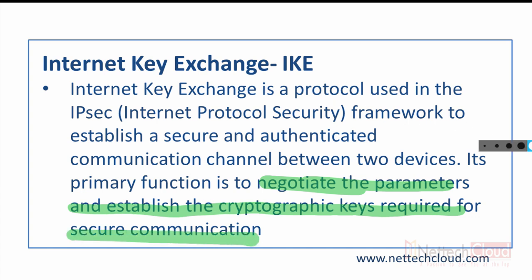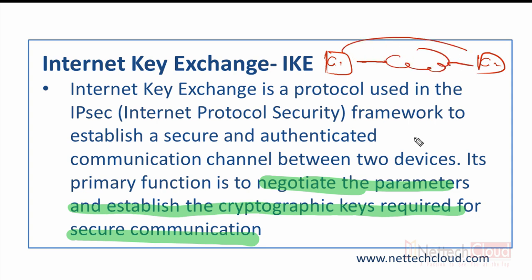Because what happens during phase 1 and phase 2 both tunnel negotiation, security attributes are negotiated between both gateways, between both VPN peers, and security attributes means like encryption method, hashing method, or data integrity method. There is another attribute DH or Diffie-Hellman group, key lifetime, authentication method, right?